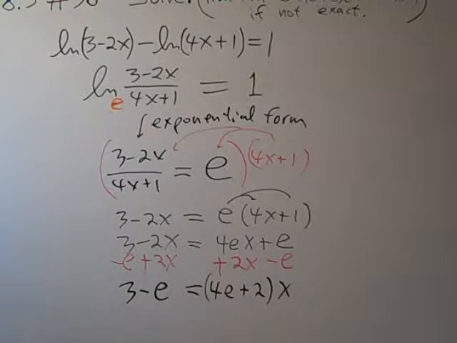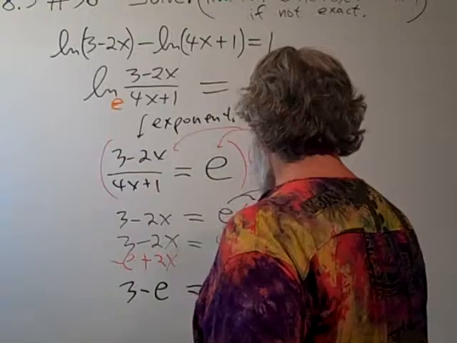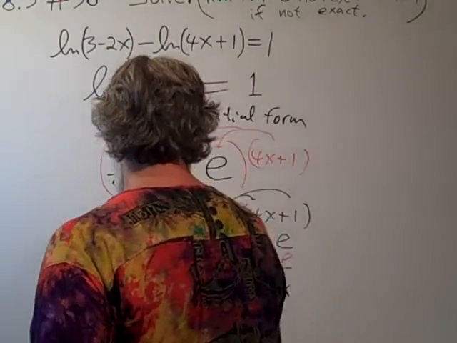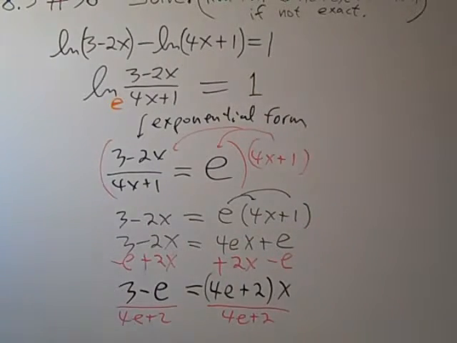So we could factor the x out of that. And then finally, dividing both sides by the coefficient of x here, this 4e plus 2, we get our solution for x.